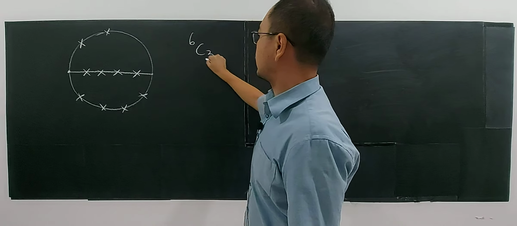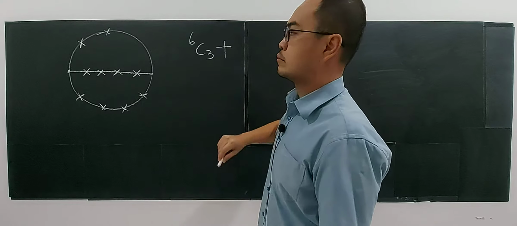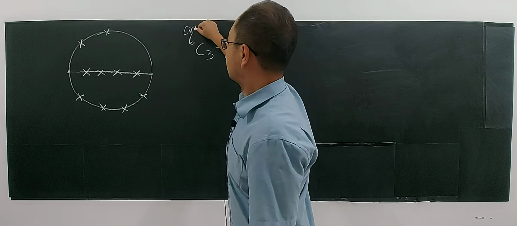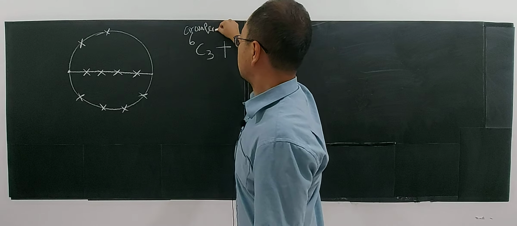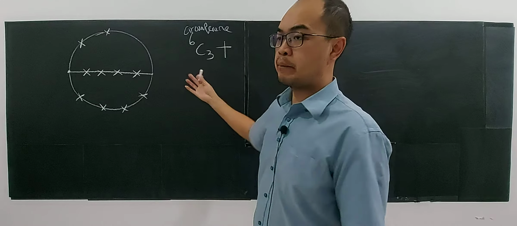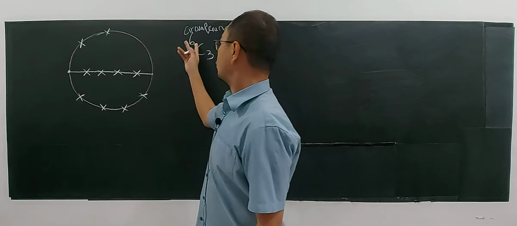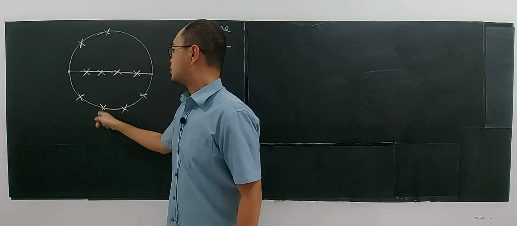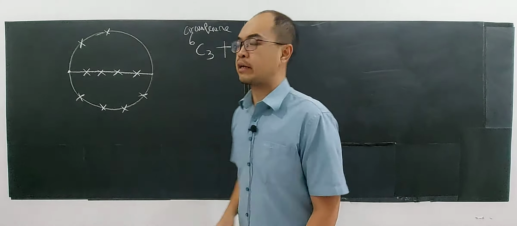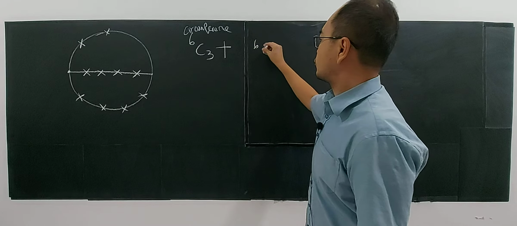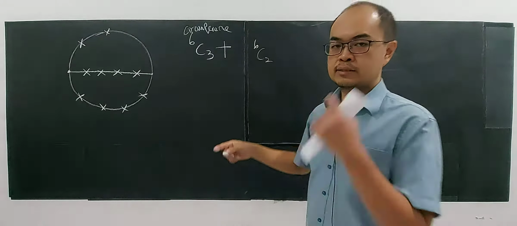6 choose 3, right? That is from the circumference. Or maybe I don't want all 3 from the 6, I just want 2. It means any 2 of these with this line is also okay, right? Listen to what I'm saying.